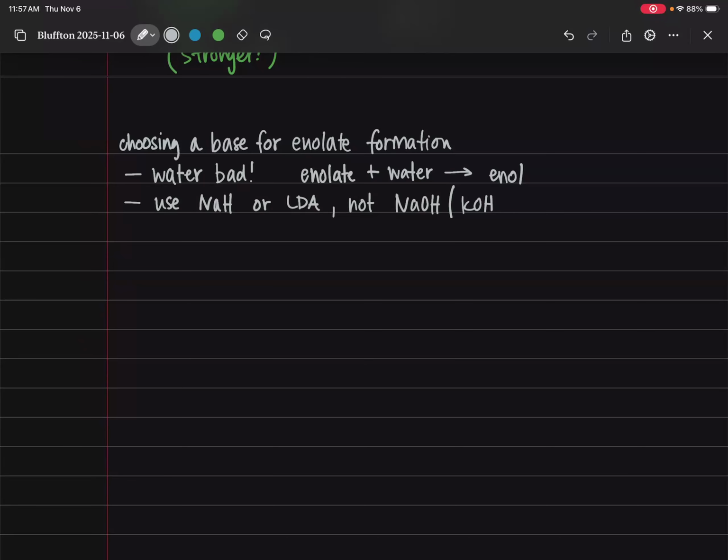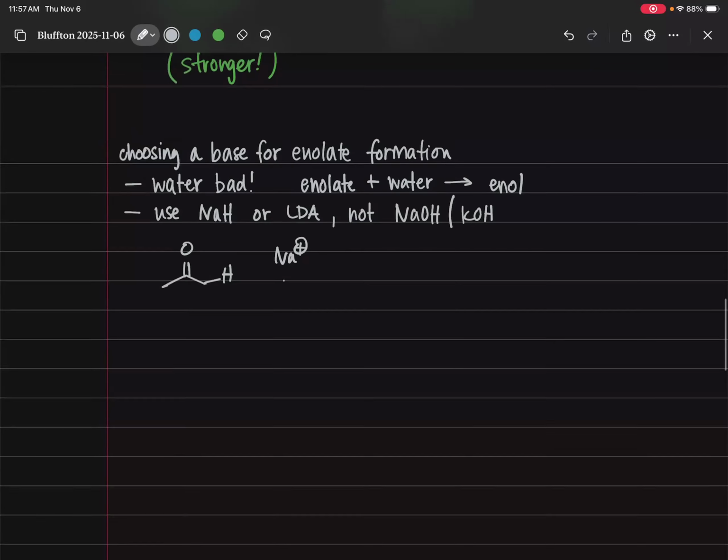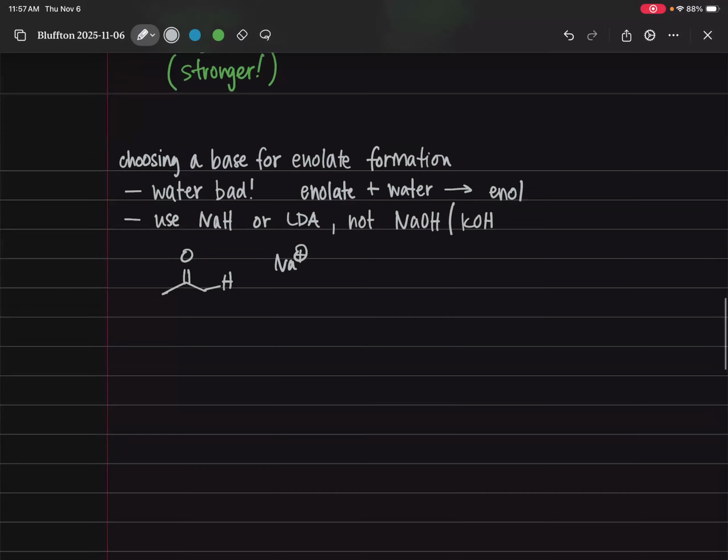So let's look at sodium hydride first. Sodium hydride is Na plus, and hydride is H minus.